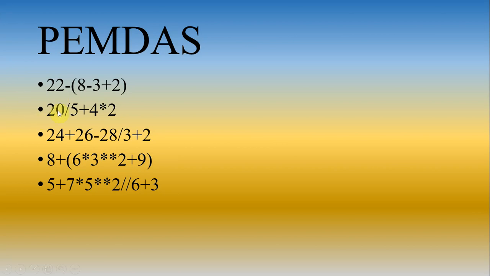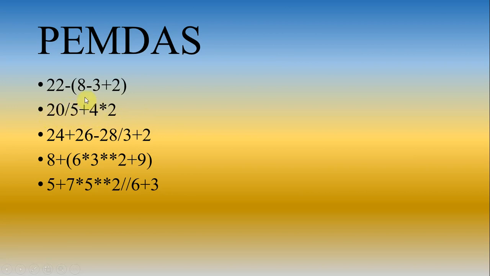Now we have 20 divided by 5 plus 4 into 2. I told you that multiplication, division, floor division and modulus have the same priority. But if we find that they both are in the expression, then we must go from left to right. So first I will solve whatever is in the left, that is division. So 20 divided by 5 gives us 4.